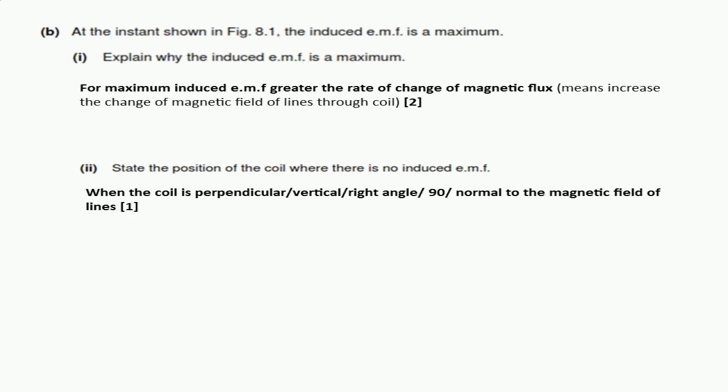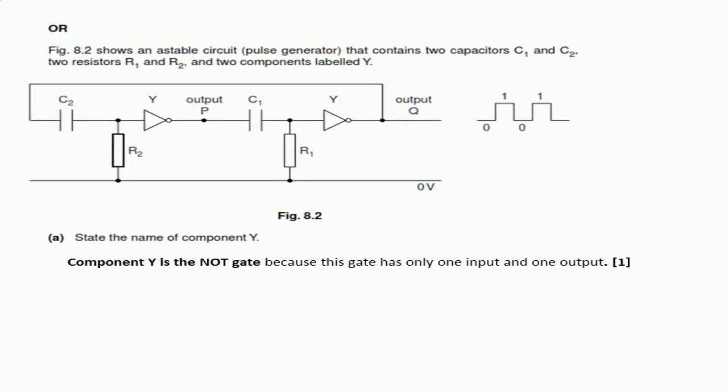So if the coil is perpendicular, vertical, at right angle, 90 degrees, normal to the magnetic field lines, then there will be no change in magnetic flux. And if there is no change in magnetic flux, then there will be no induced EMF. So when the position of the coil is perpendicular, meaning 90 degrees to the magnetic field lines, there will be no induced EMF.